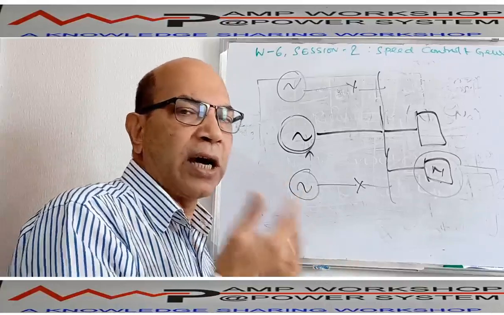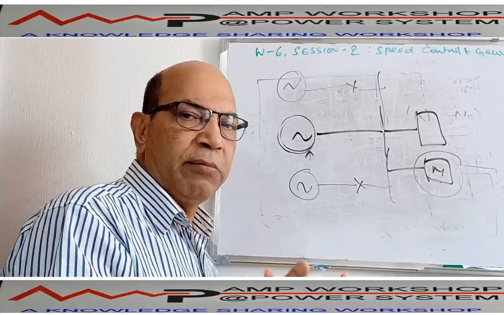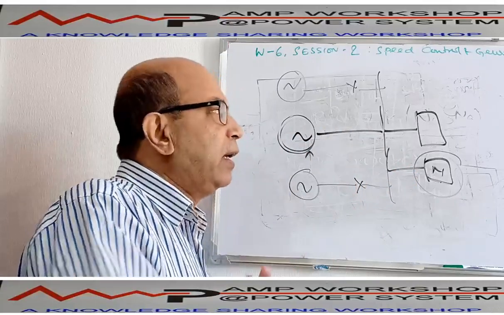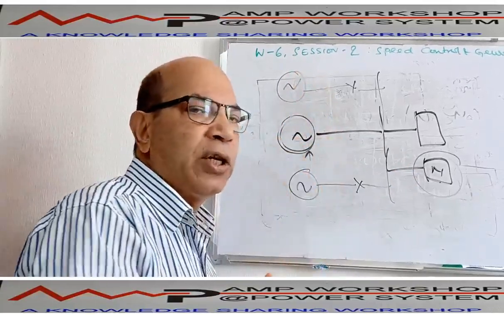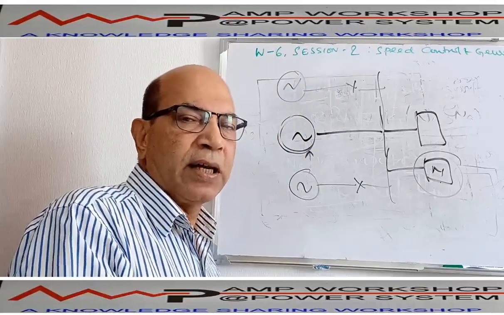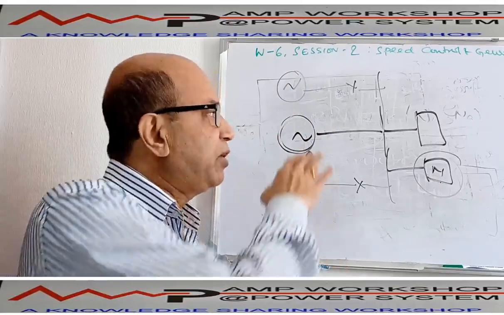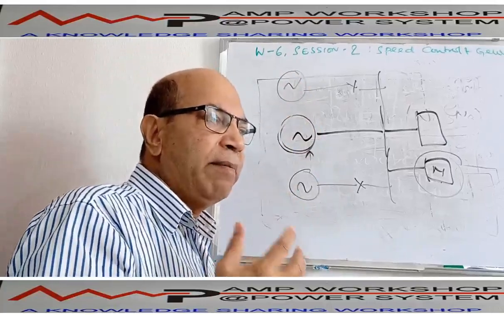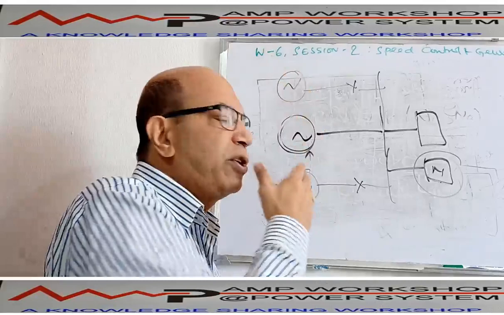Then all the machines will try to compensate that frequency, meaning they will try to increase speed by opening the fuel valve. Then there will be competition among the machines as to who will first take the load. As all the machines are running at the same speed, there will be competition among them, and that may cause instability of the machine operation.